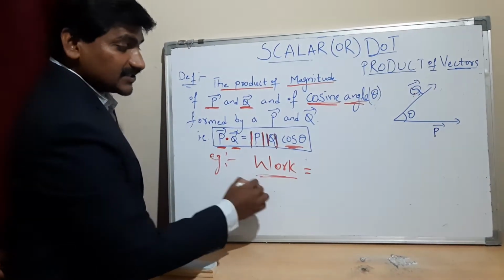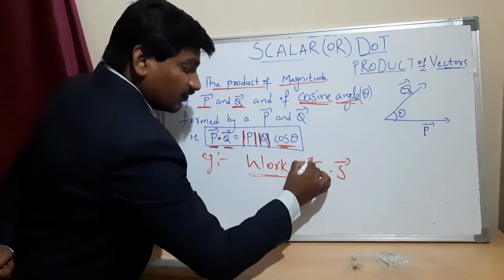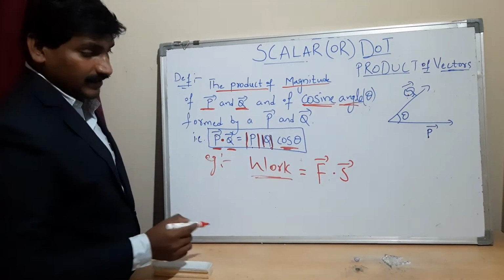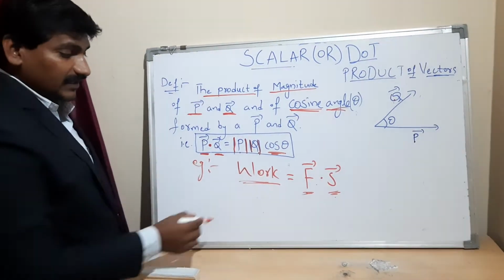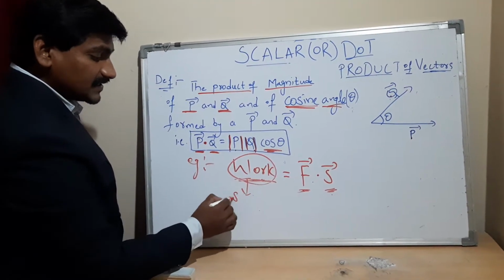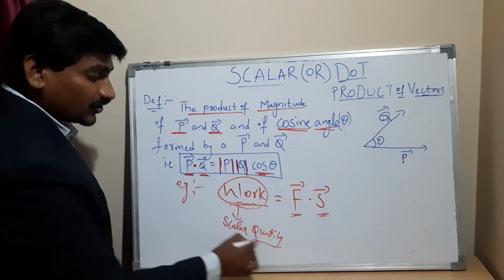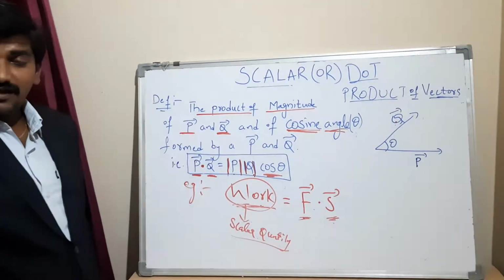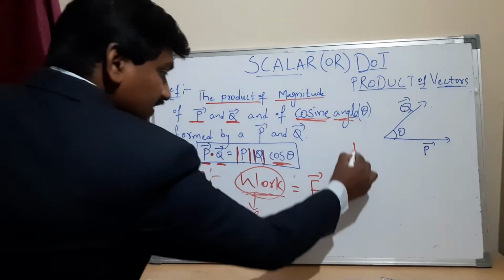Because it is a product of two vectors, force and displacement. The product of the two vectors, force and displacement, gives us work done. Therefore work done is called a scalar quantity. Whatever result comes from the product of two vectors, that gives a scalar only. Scalar means just a number.